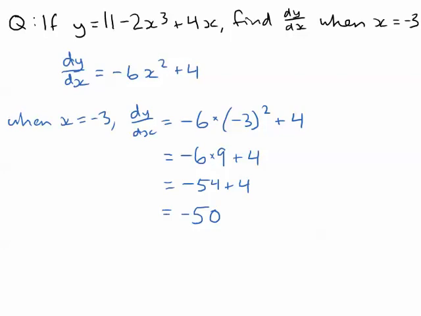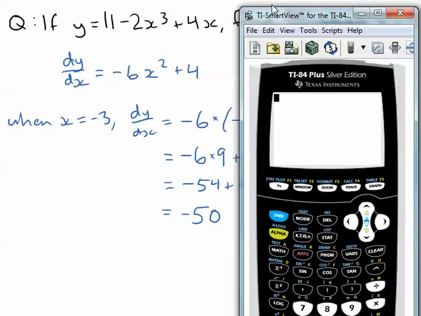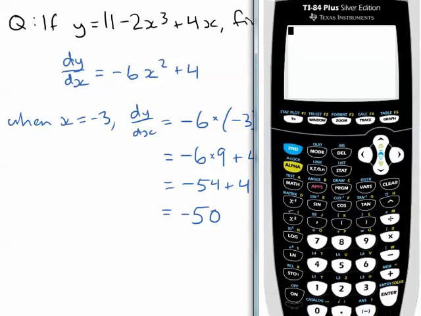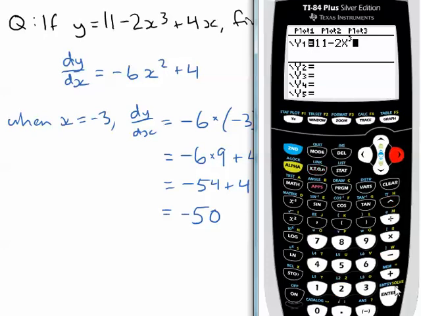And let's check with our calculator to see if that's right. So we'll bring in the calculator and let's type in the function. So we've got 11 minus 2x cubed plus 4x.